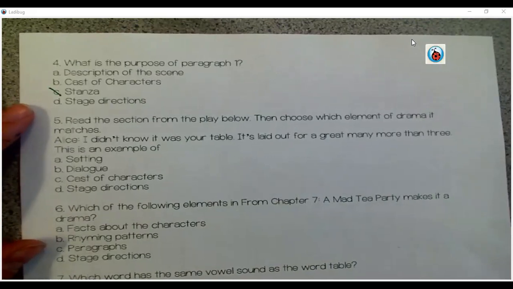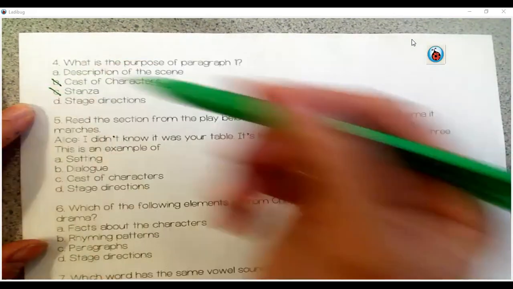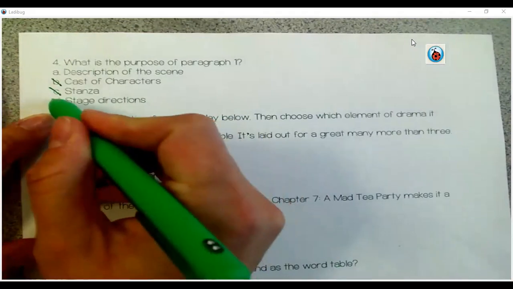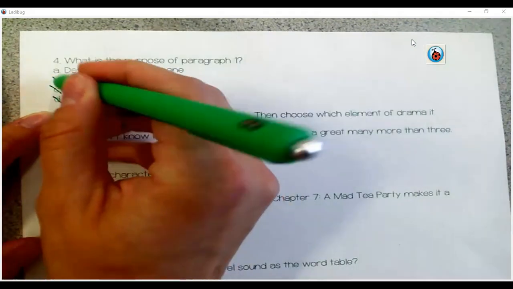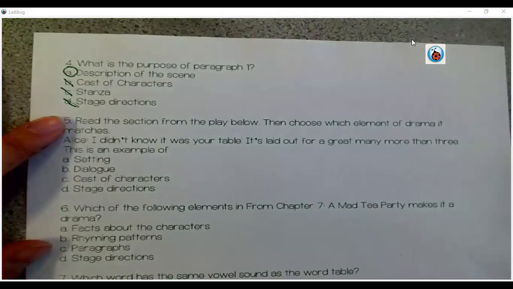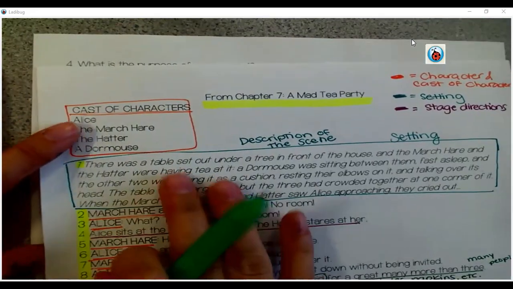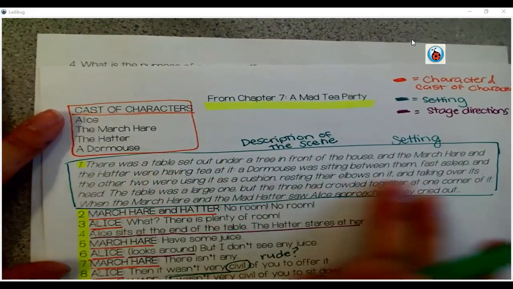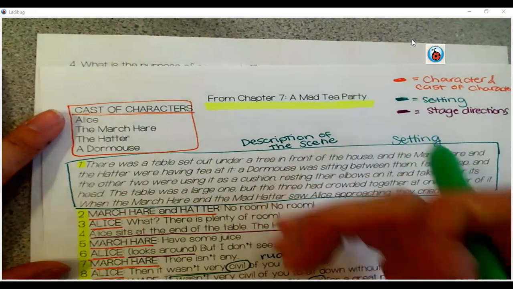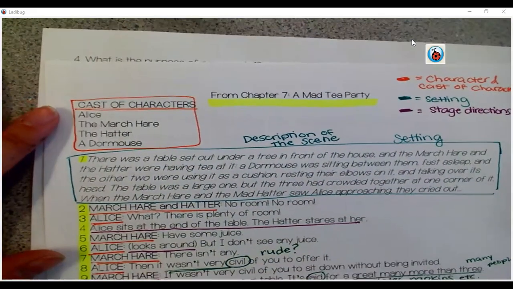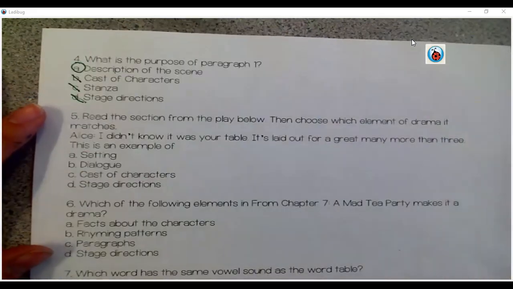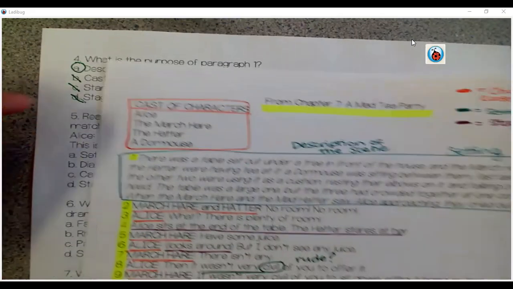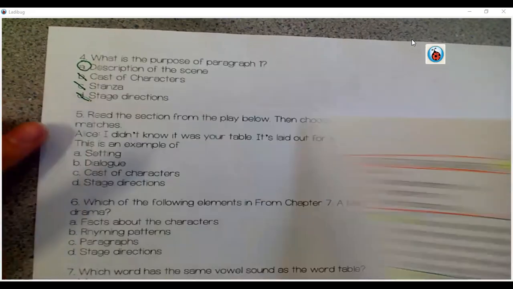So we know that this isn't the cast of characters and it's not the stage directions. It is the description of scene. The description of the scene will always be at the very, very top before those characters start speaking. And usually it is after cast of characters, just like we see here.